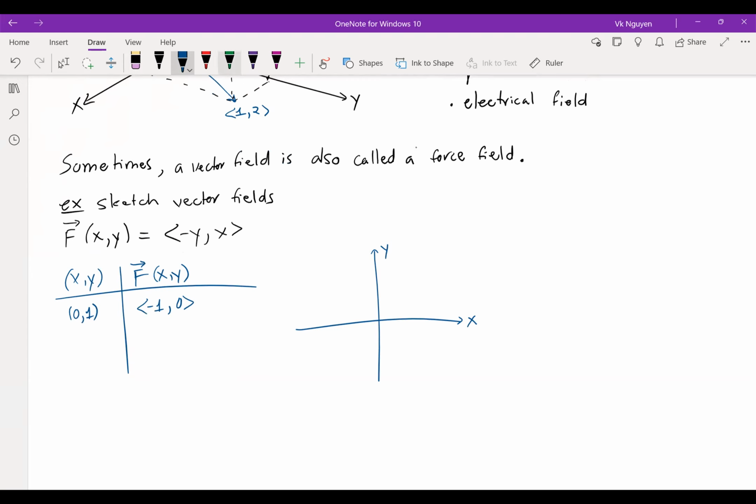What does that vector look like? The vector is going to go -1 in the direction of x. Yeah, here's what it looked like. And then let's pick another point here, like 2, 2.